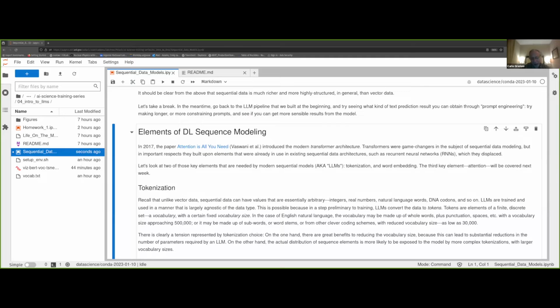There are older efforts known as recurrent neural networks, RNNs, or variants thereon called long short-term memory, LSTM. And elements from those, including attention, were basically slapped together in a different sort of arrangement in order to create the modern transformer architecture.